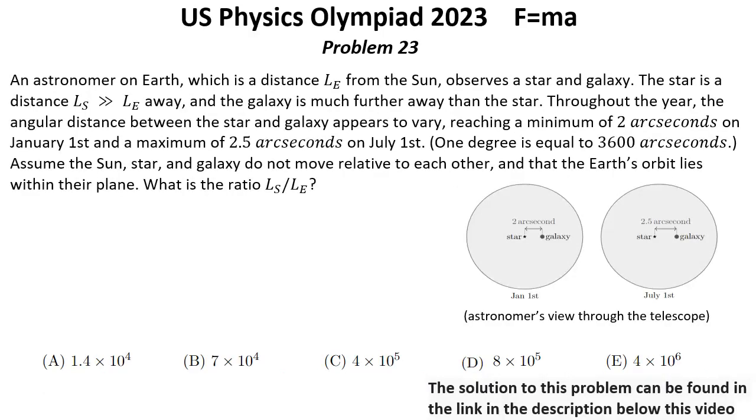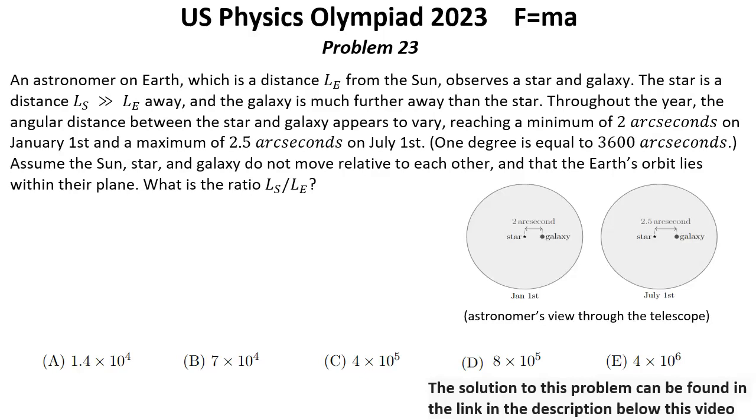Problem number 23. An astronomer on Earth, which is a distance LE from the Sun, observes a star and galaxy. The star is a distance LS much greater than LE away, and the galaxy is much further away than the star.